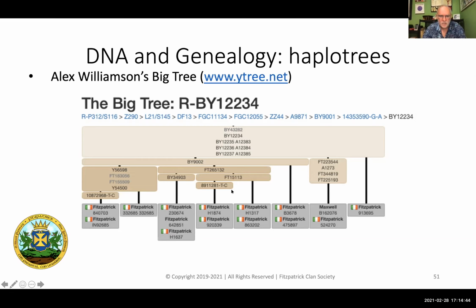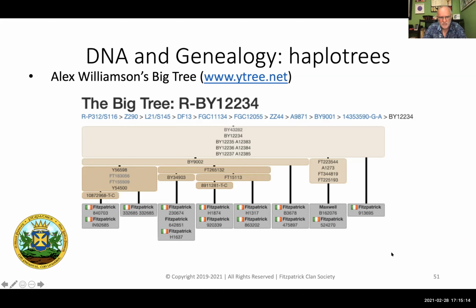And so this actual tree was produced by Alex Williamson, who's an absolute genius of a man. When you consider this is just one of more than 10,000 little sub branches on his tree. Well, maybe not 10,000, but there's at least 10,000 men on there. It's quite remarkable. Alex is really a visionary, and his work is just exemplary. And he does this for everybody that wants to submit their data to him.